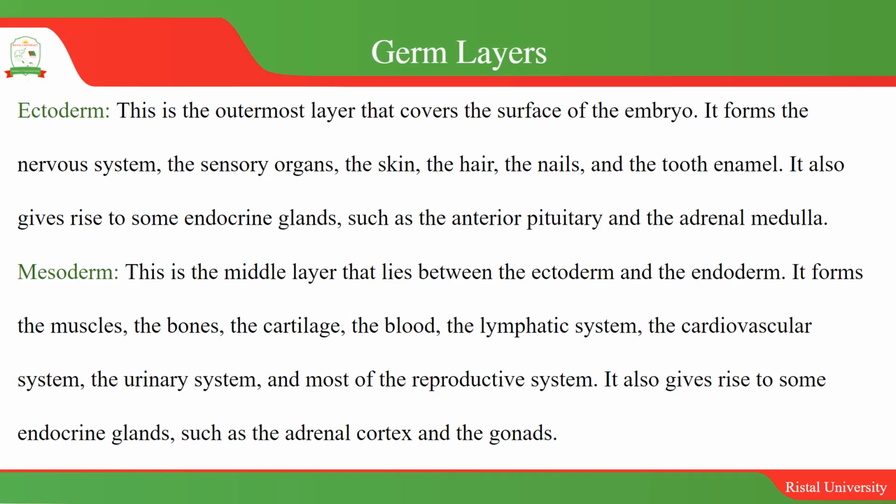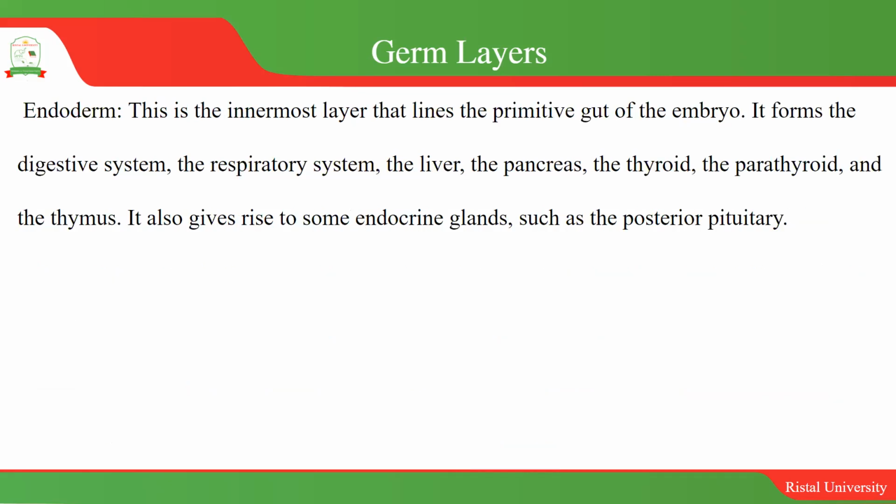The mesoderm gives rise to the connective tissues. Muscle. We have bones, cartilage, we have muscles, the blood, lymphatic system, and then the cardiovascular system, urinary system, and most of the reproductive system. It also gives rise to some of the endocrine glands, such as the adrenal cortex and the gonads.